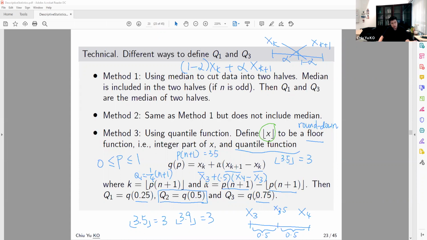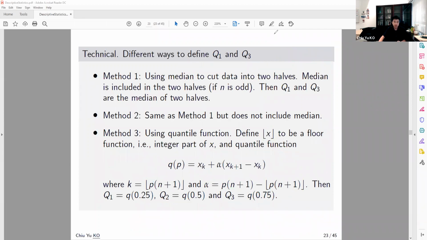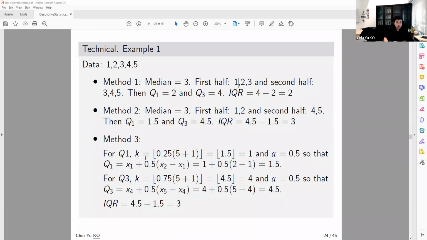So let's define it. Probably you are still not familiar with the formula, but with an example, things will become very intuitive. Here we have n is 5, so k will be Q1, corresponding to p is 0.25. So k will be 0.25 times n plus 1, which is 6 times 0.25, giving you 1.5, and rounding down gives you 1.